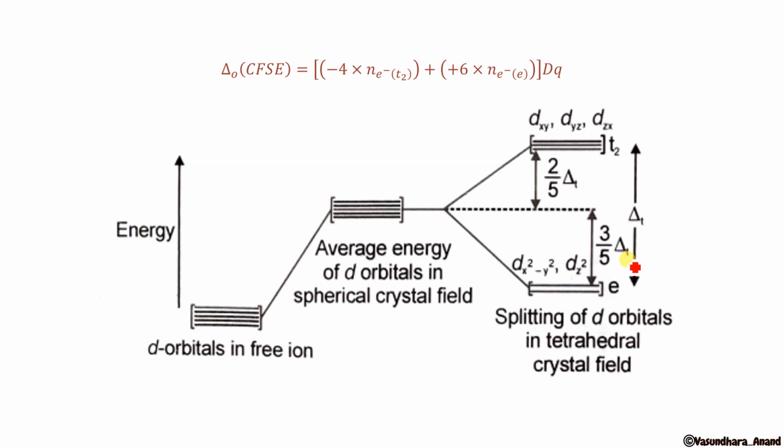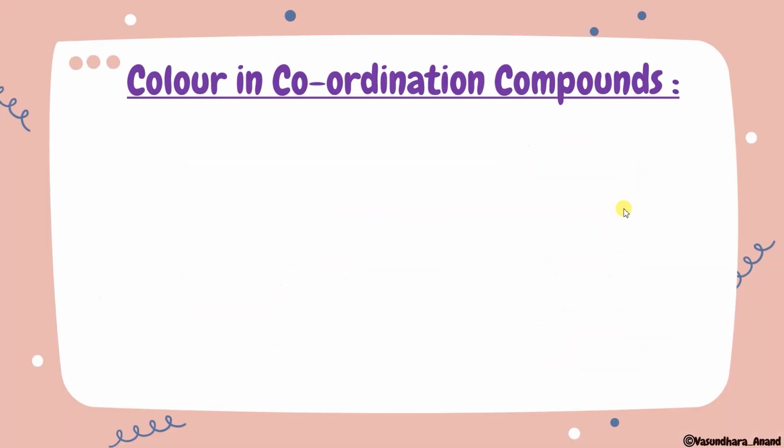The difference between the energy of T2 and E will be denoted as delta T. This diagram, this picture, can be asked. So there are two pictures which can be asked in this topic, and one question from the previous slide.